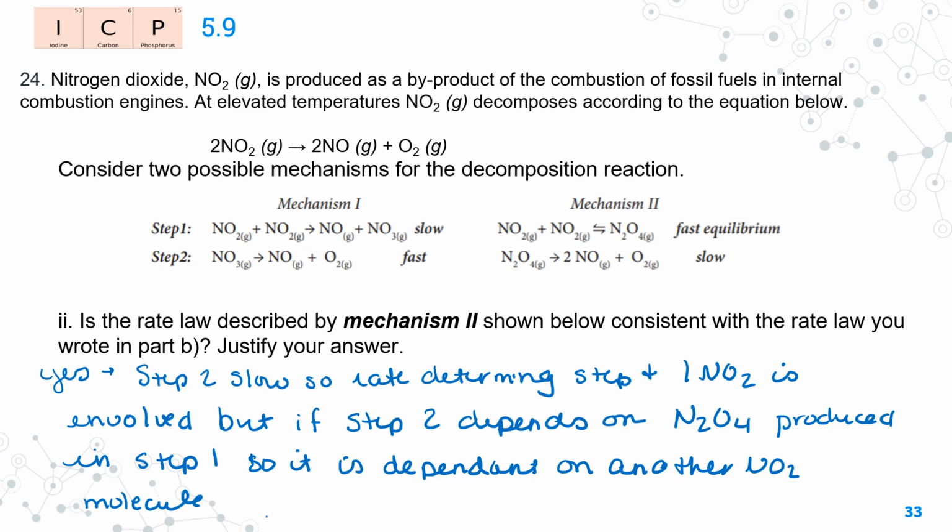So if we use that steady state approximation and substitution method, then it's going to be consistent with the rate law we wrote in B.